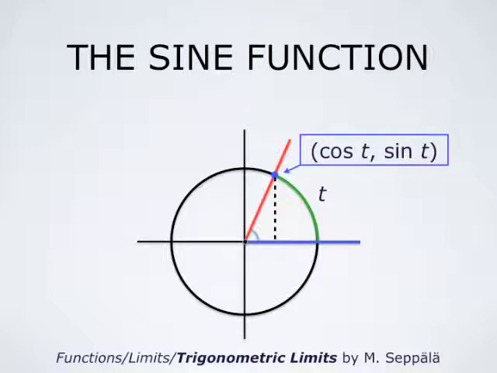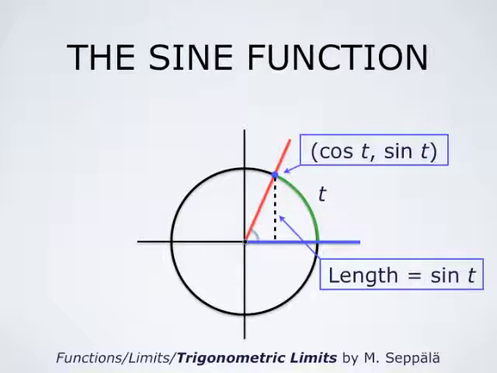Now the angle is positive, so sine of t is the distance of the blue dot from the x-axis, that is the y-coordinate. So it is also the length of this dotted vertical line segment indicated here in the picture. The distance of the blue dot from the x-axis is sine of t.